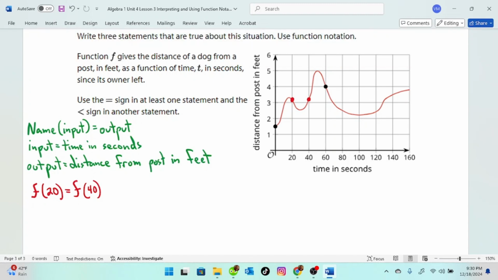Next, they want us to use the less than sign. Well, I'm going to look at these points that they already made for us in black when the time is 0 and when the time is 60 seconds. So I'm going to say f of 0 is less than f of 60, because the distance from the pole was less at the beginning than it was after 60 seconds.